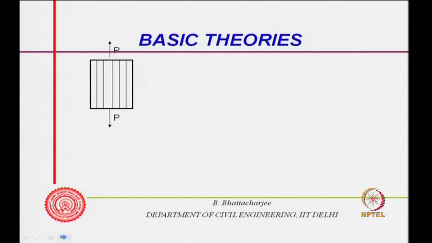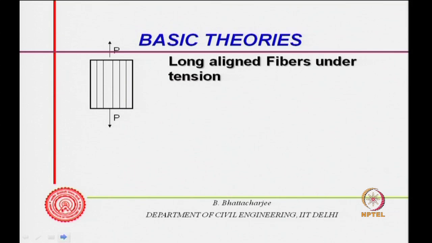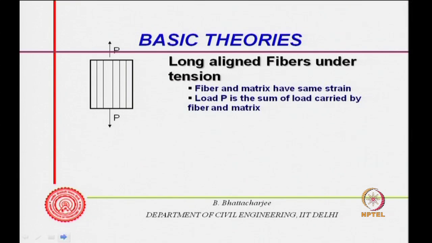So, part of the P will be shared by each, and the strain, epsilon, will be the same. Long aligned fibers under tension, that is what we are looking at, over a small element. Fiber and matrix have the same strain, because they are bonded together. So, we assume that there is no slippage, they bond together.